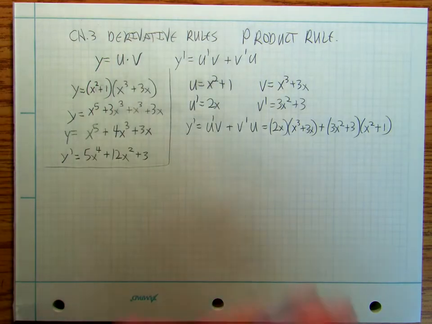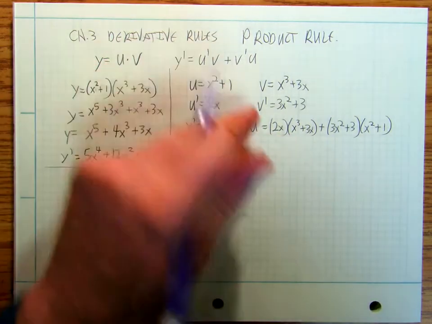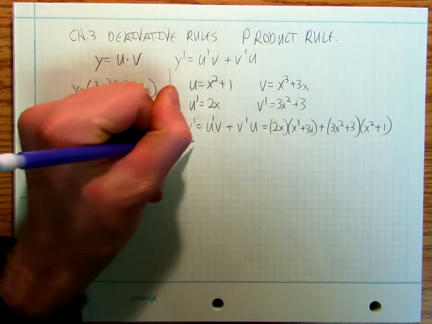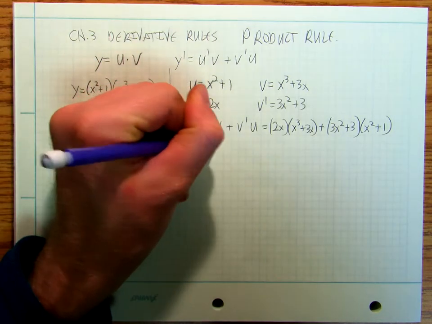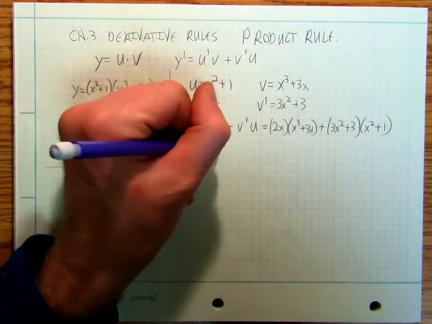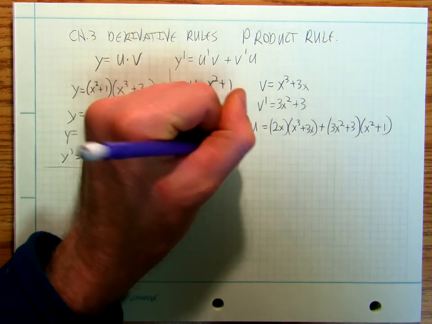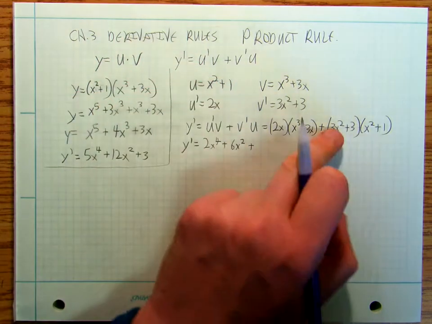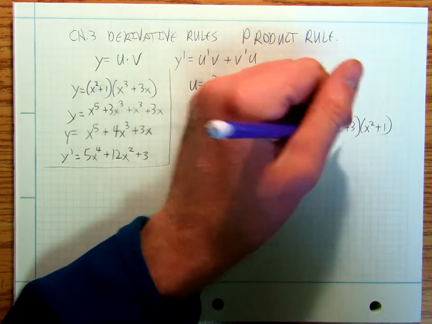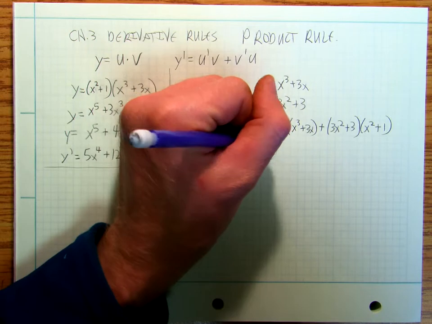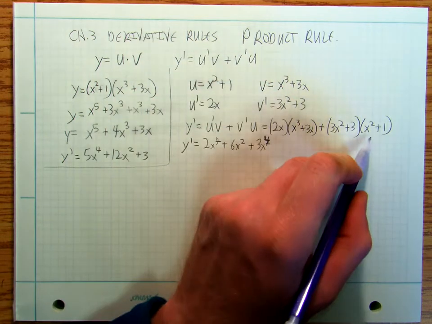Okay, so then if I FOIL those out, I'm going to get y prime is equal to 2x to the fourth plus 6x squared plus 3x squared, x to the fourth rather, I'm sorry.